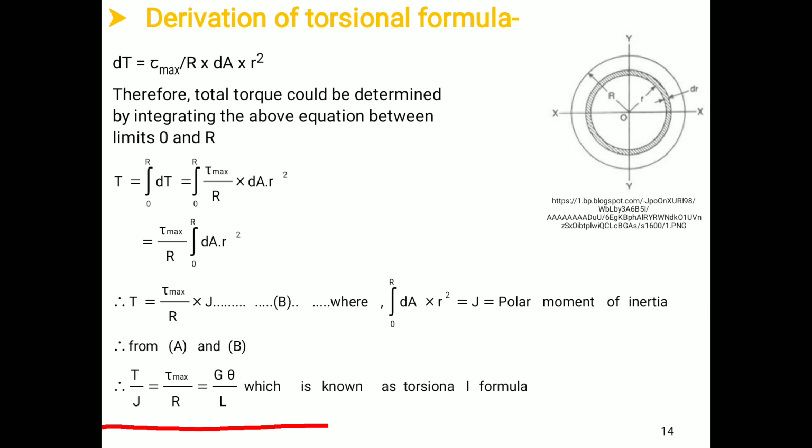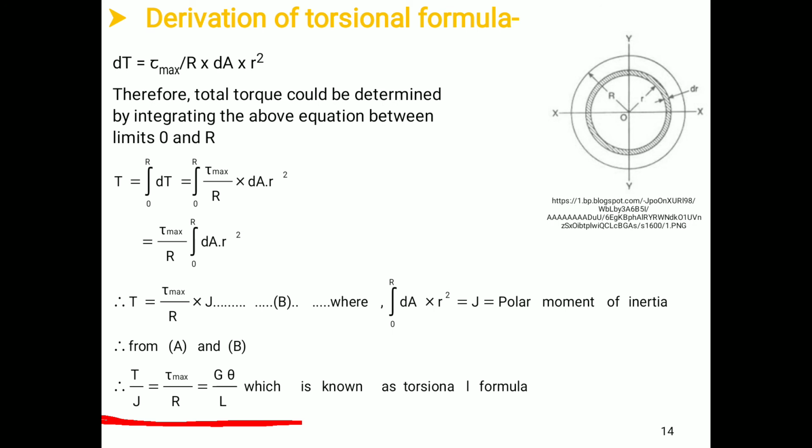So from this equation, T is nothing but the torsional moment and the unit is Newton mm. J is the polar moment of inertia and the unit is mm raised to 4. Tau max is the maximum shear stress at the outer surface of the shaft. Capital R is the radius of the shaft.